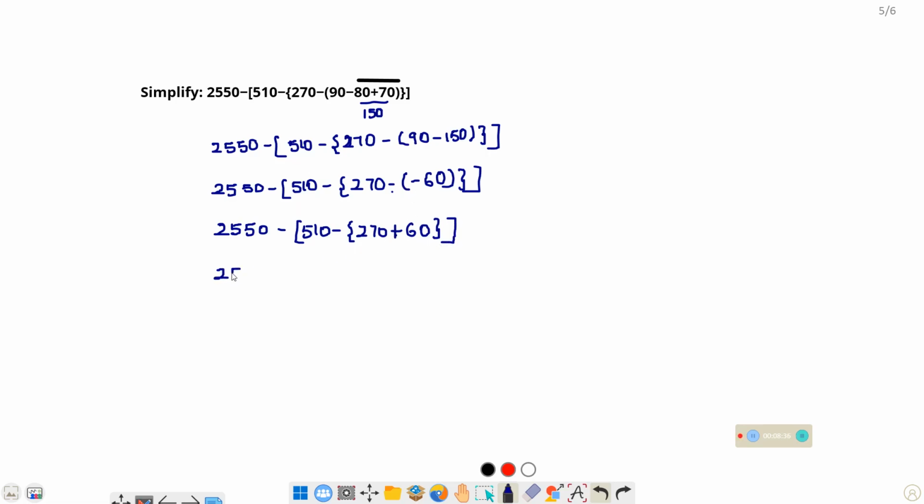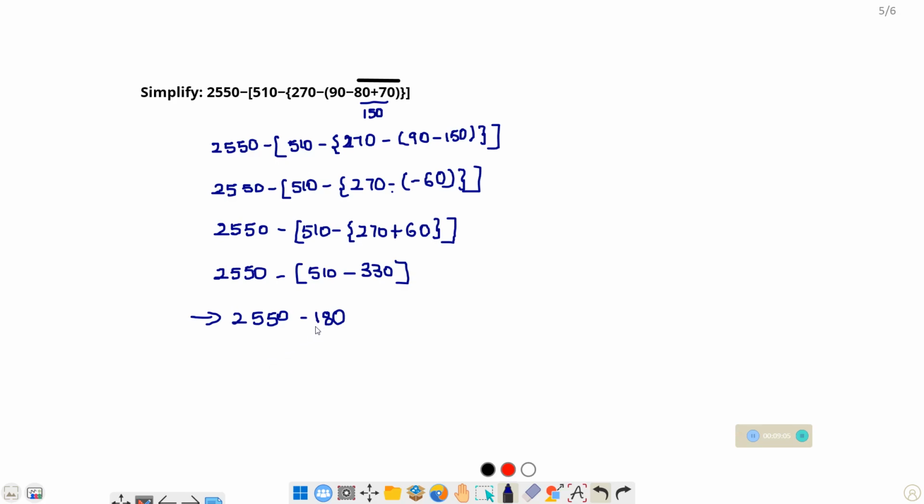So our next step would be adding 270 and 60, which is nothing but 330. Now let's subtract 510 minus 330, which is nothing but 180.